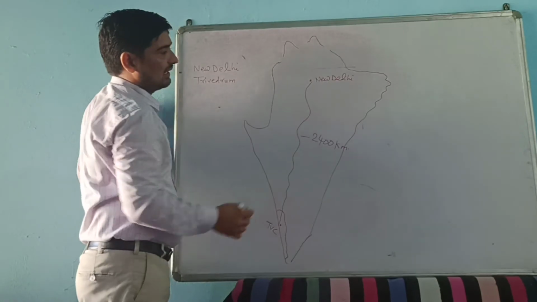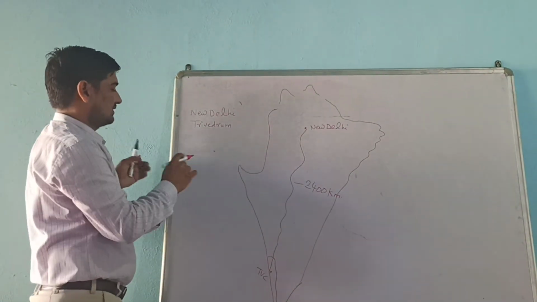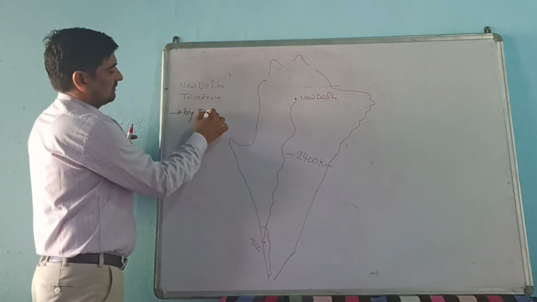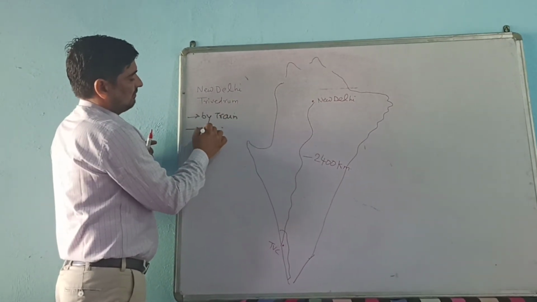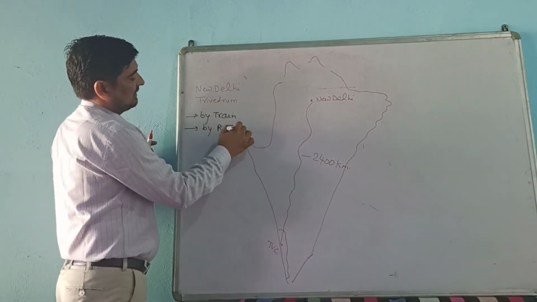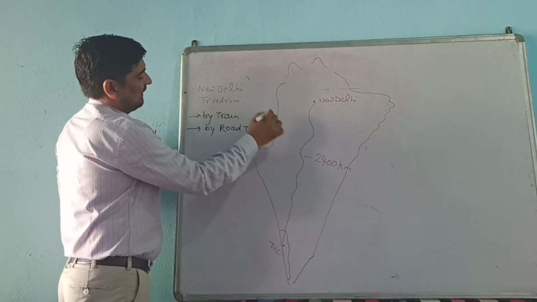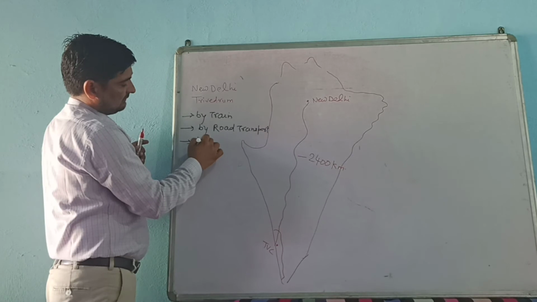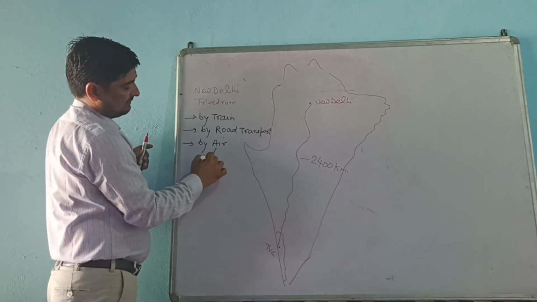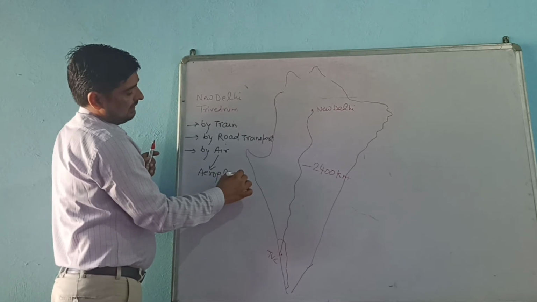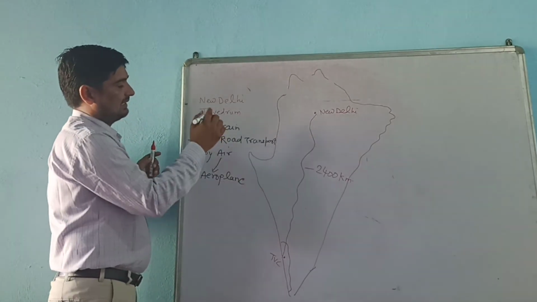So definitely you have a few options. First option, you can go by train. By road transport you can take any bus or car, and another one is by air, the fastest means, by aeroplane. So you can see the timing.